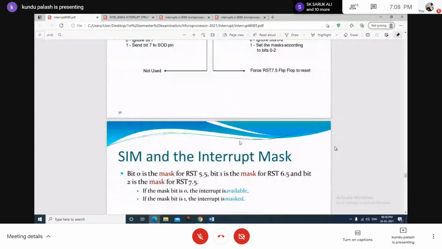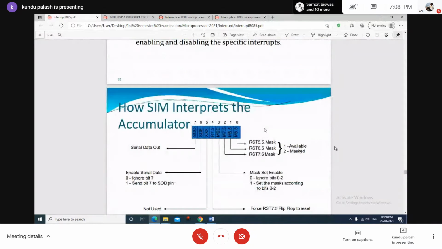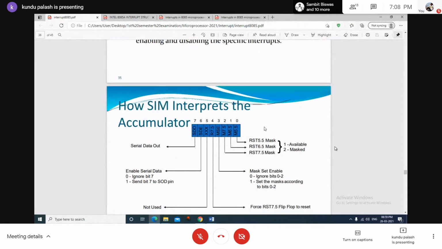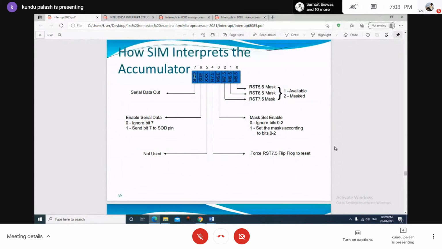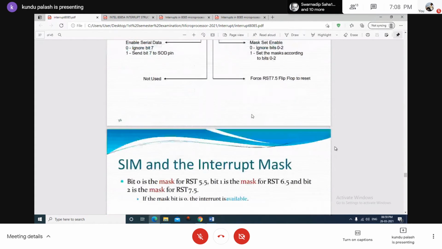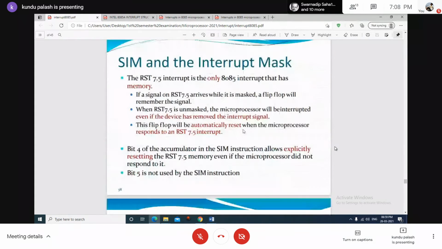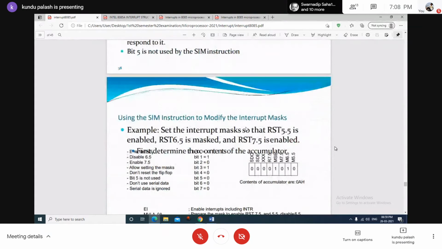Similarly, when we use a RIM instruction, the byte pattern will go to the accumulator automatically. But for the SIM instruction, the accumulator must be assigned a particular control byte according to this definition. So this is the sequence of how the interrupt can be masked.